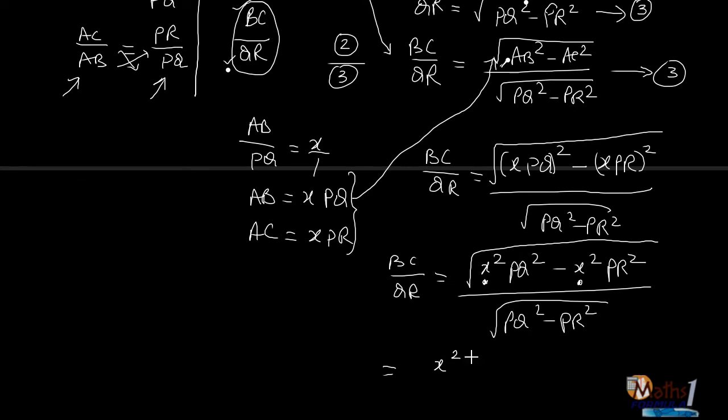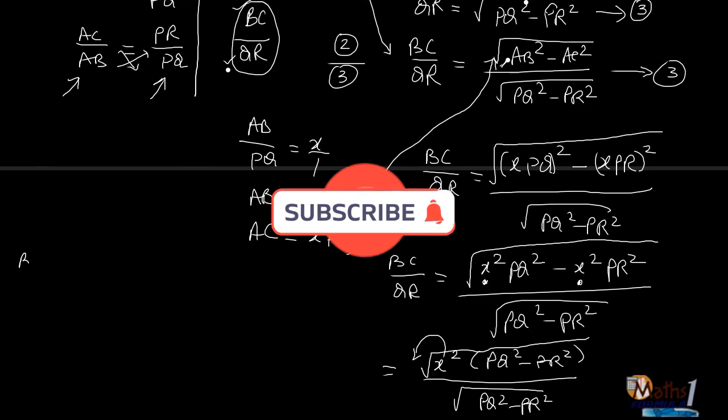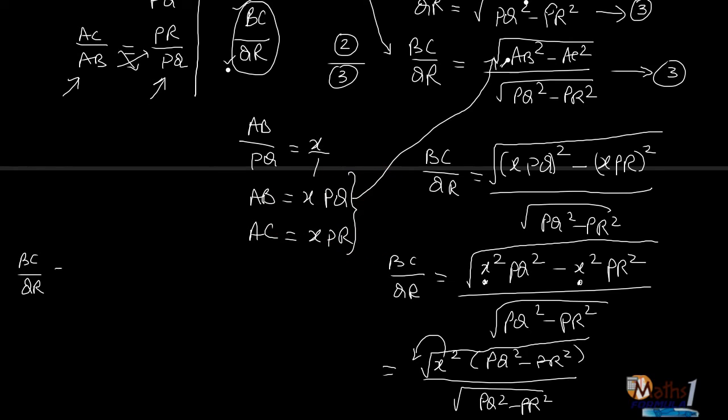Let's write X square in the bracket PQ square minus PR square divided by square root of PQ square minus PR square, and we should not forget the square root here. So the square root of X square will come as X. So BC by QR is equal to X, and in the numerator I will have PQ square minus PR square divided by, again, square root of PQ square minus PR square.